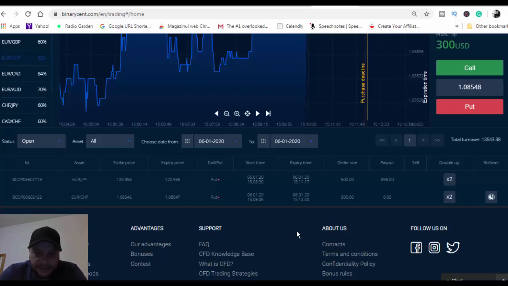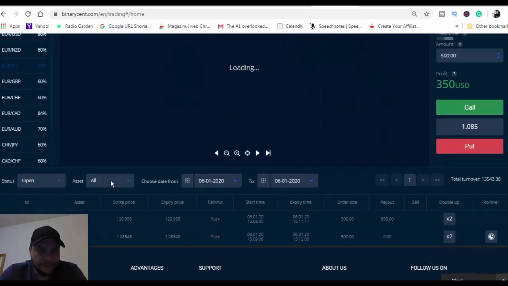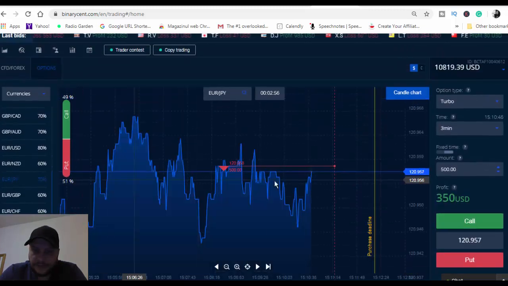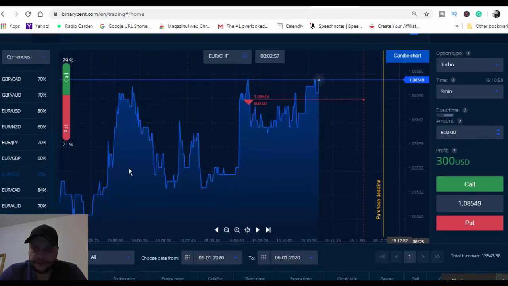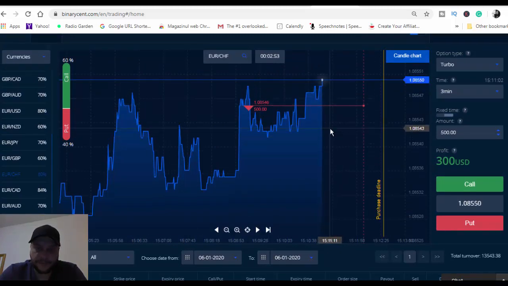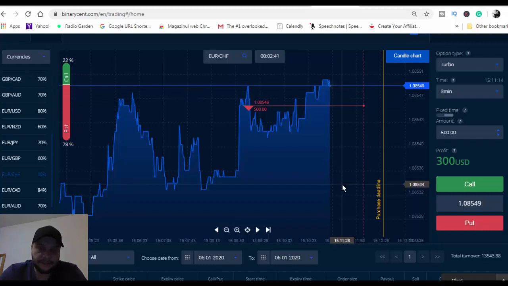So the expiry time is on Euro Japanese yen, Euro Swiss franc. Let's see Euro Swiss franc. So it's above. Hopefully it will go down here. It must go down because it cannot stay too much up here. It is a sell sentiment, as you can see.